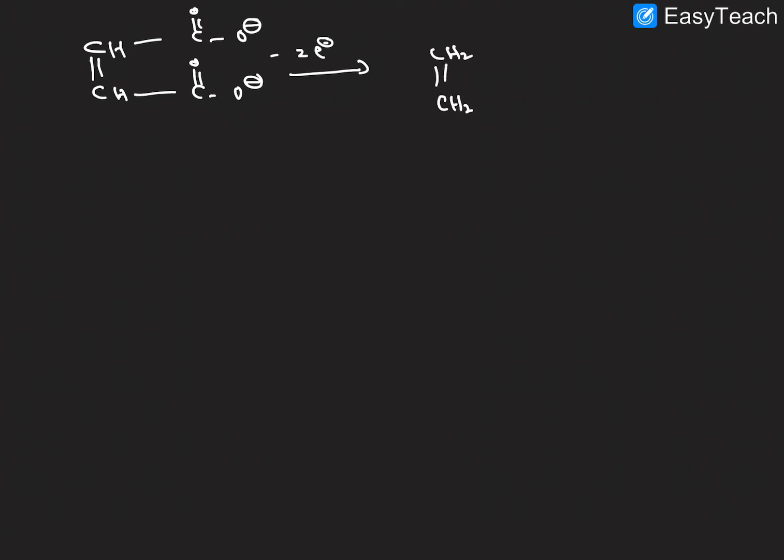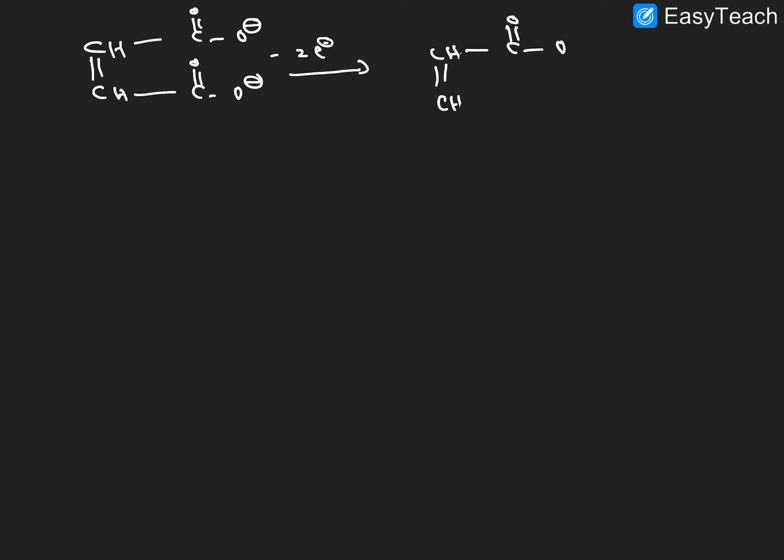What about alkyne? We will see the same reaction here also. The CH and C double bond O minus, and here also the 2 electrons are lost, and the CH, sorry, here not CH2, CH.